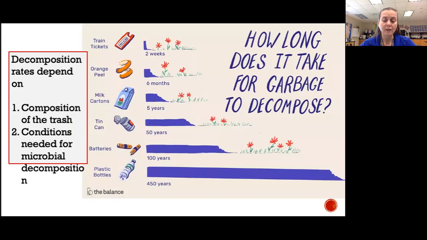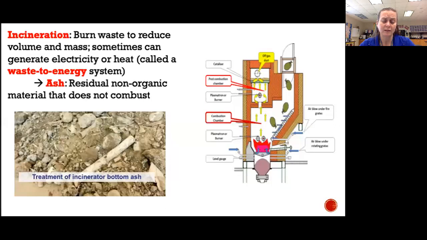So what are some of the other ways we can dispose of trash? Well, we have the idea of waste to energy, where waste is burned in order to generate electricity or heat. And this is used in some areas.